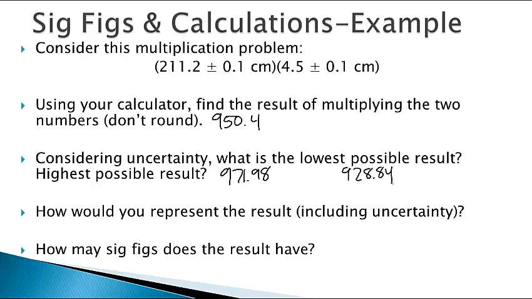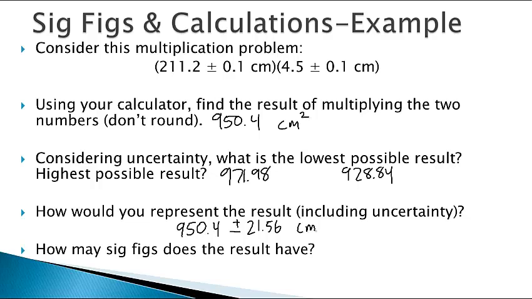Okay. All right. So I heard a number of groups saying something like this: 950.4 plus or minus 21.56. All right. And what are the units on this result? Centimeters squared. All right. So this would be like calculating the area of something.